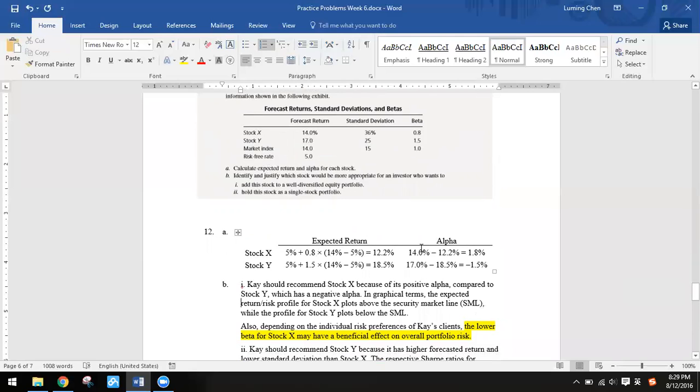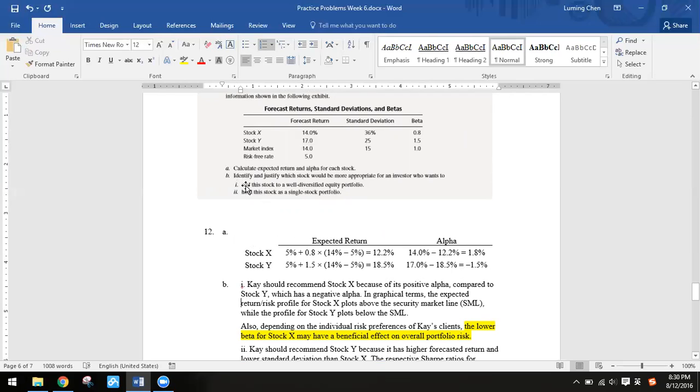And the difference between forecasted return and the return implied by CAPM is the alpha, which is the intercept in the CAPM regression. For stock X, there is a positive alpha of 1.8, and for stock Y, there is a negative alpha of 1.5%.